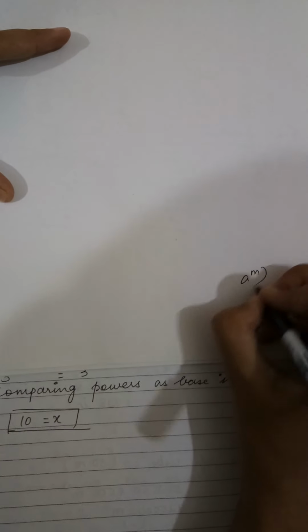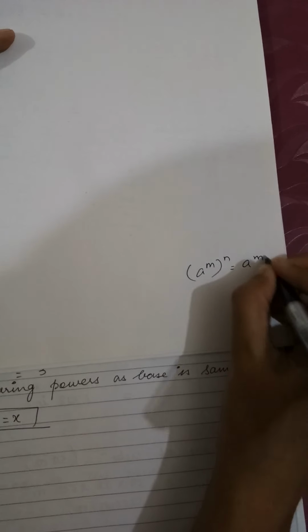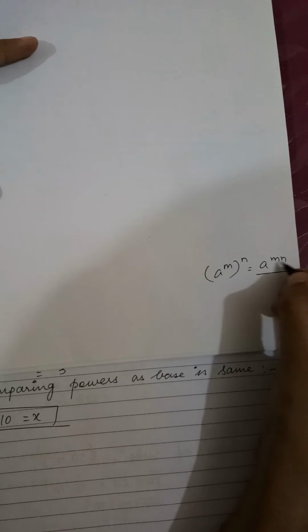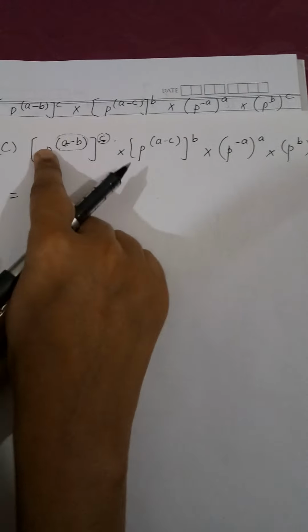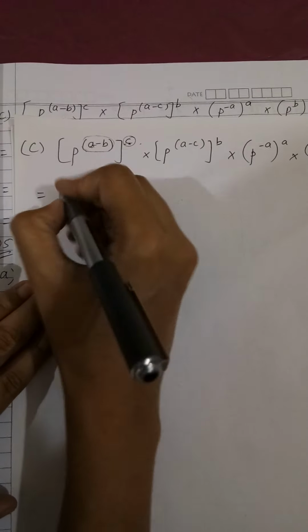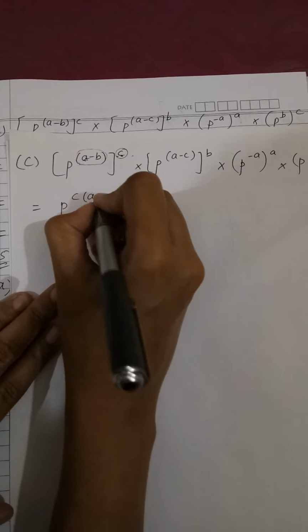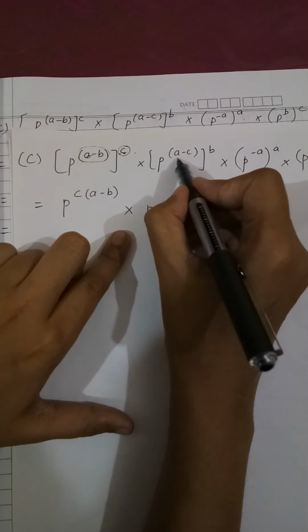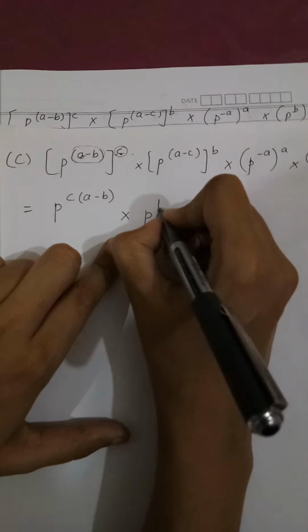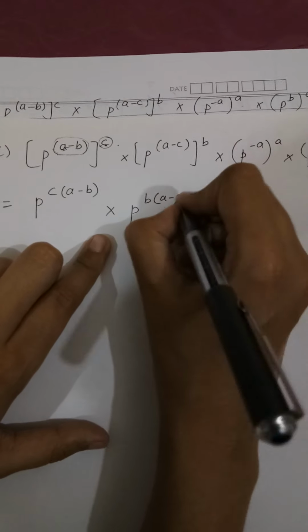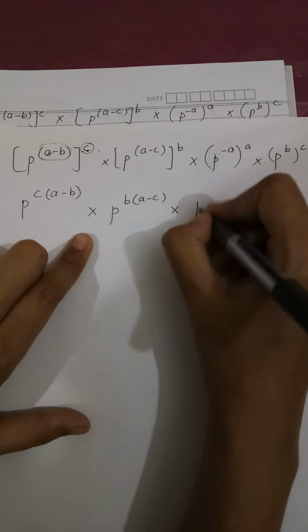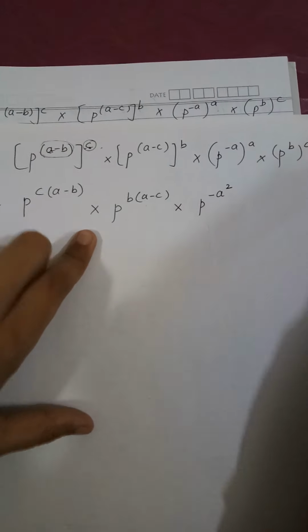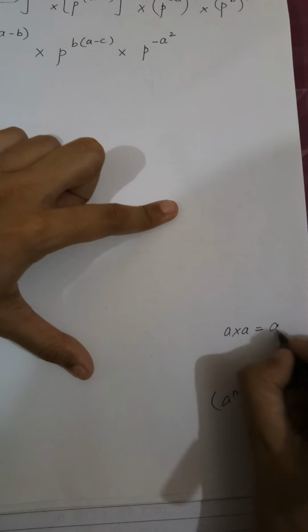We all know that law, (a to the power m) whole power n will give me a to the power m into n, and what I have done is to multiply. So here also I am going to multiply these two powers. So this will become p^c(a minus b), multiplied these two, into p to the power, again I am going to multiply these two powers. This will become p^b(a minus c), into p to the power minus a square. What is minus will remain as it is, and what is a into a? a square.